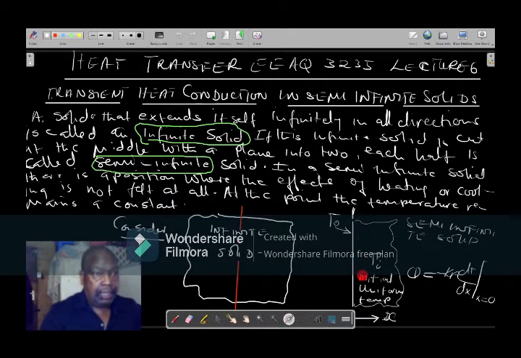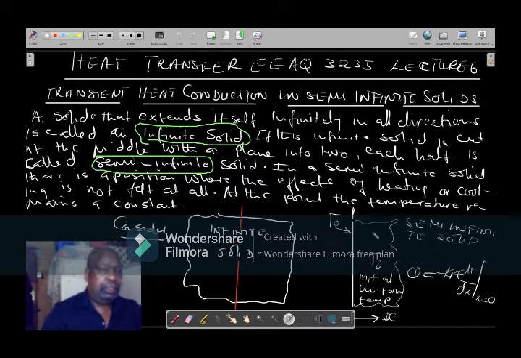In this semi-infinite solid, there is a position, this position here, where the effects of heating or cooling that is done at the surface are not felt at all. At that point, the temperature remains constant.